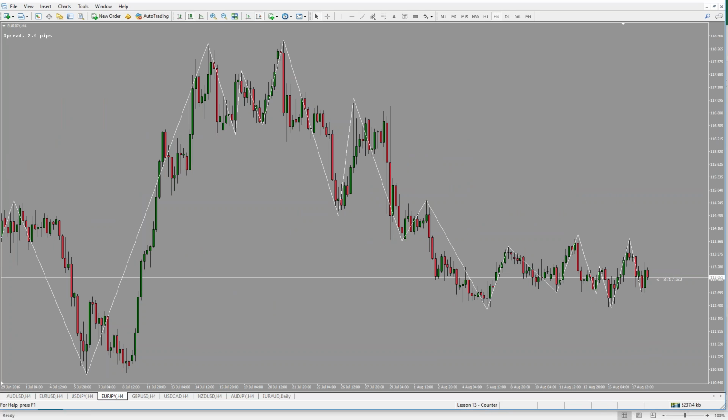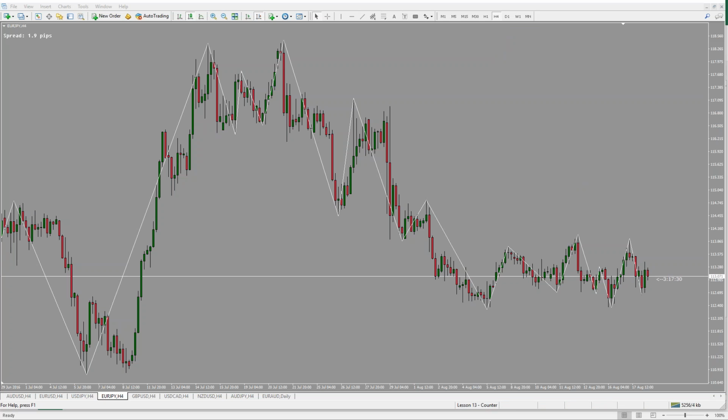As you may have noticed or not noticed, currently I am on a 4-hour chart, and let's start to show you the first step. The first step is I want you to start to join consecutive tops on your indicator.